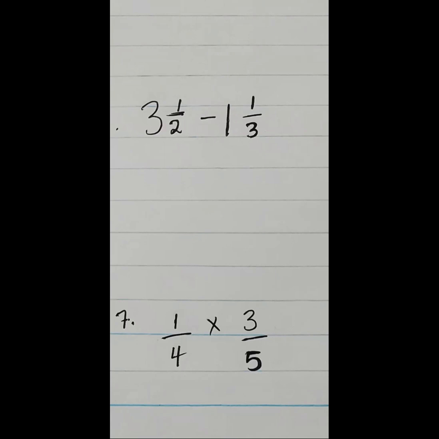So I see that everybody just said it right off the bat. And just like that, you all are correct. 3 over 20 is correct. Good?